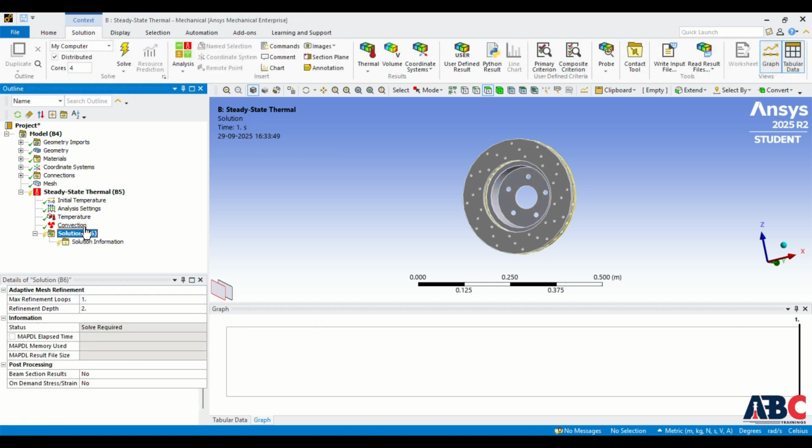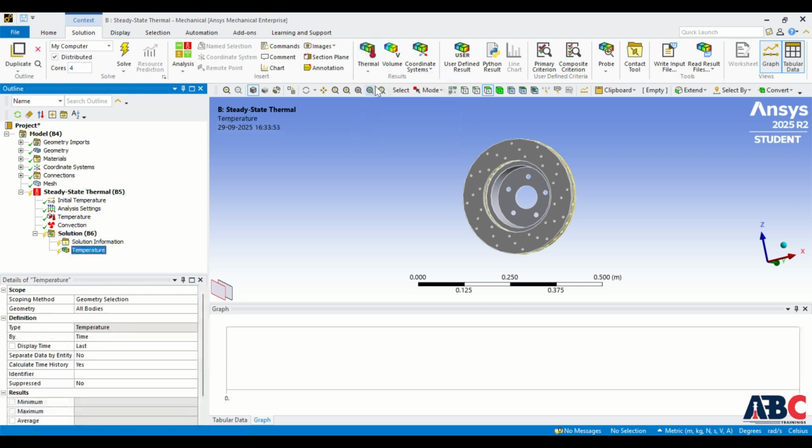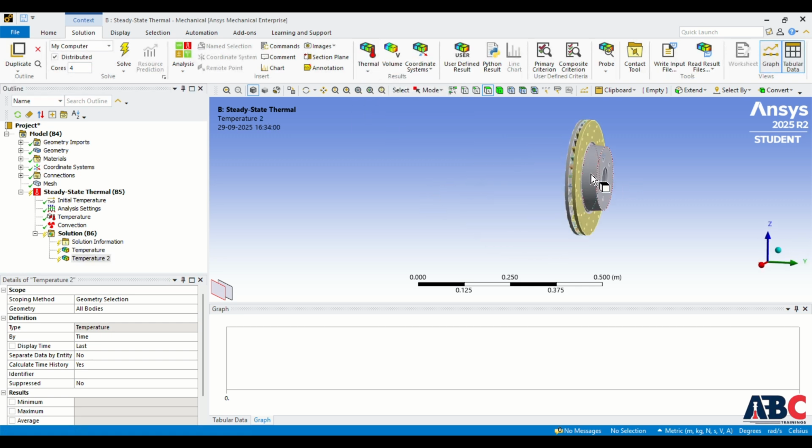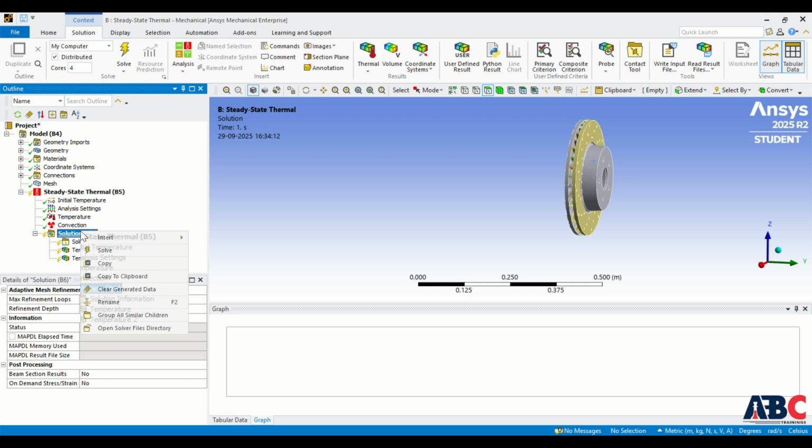Now in the solution we add the temperature change for the entire body and temperature change for the outer side of the surface of the rotor. Click on apply. Now click on solution, click on solve.